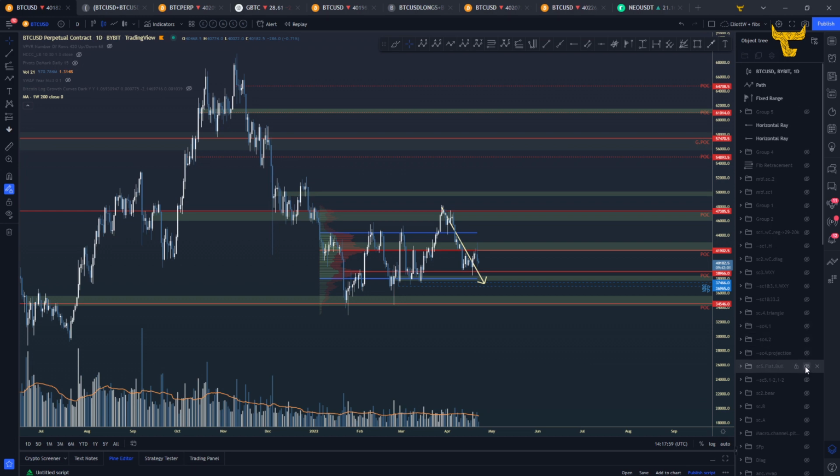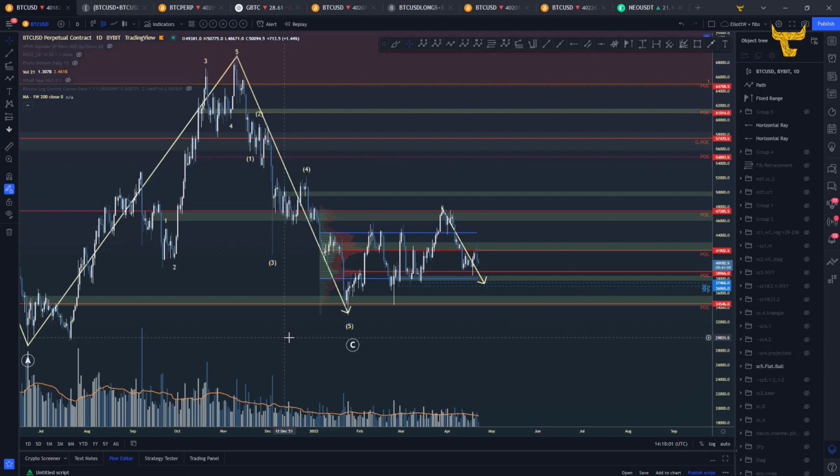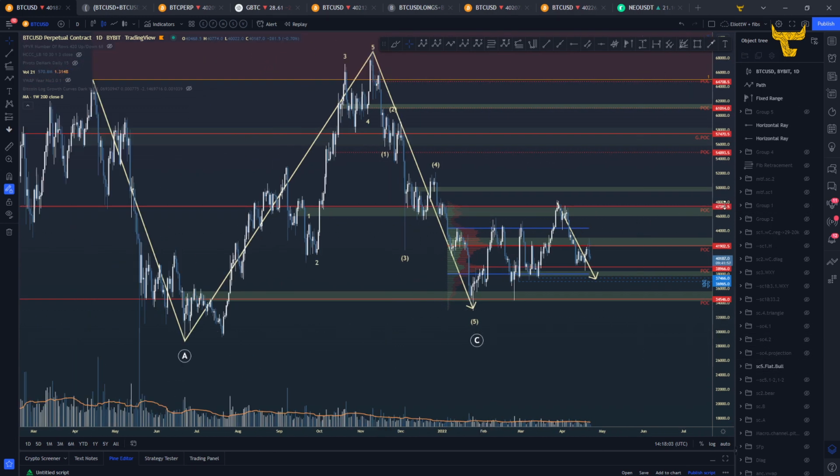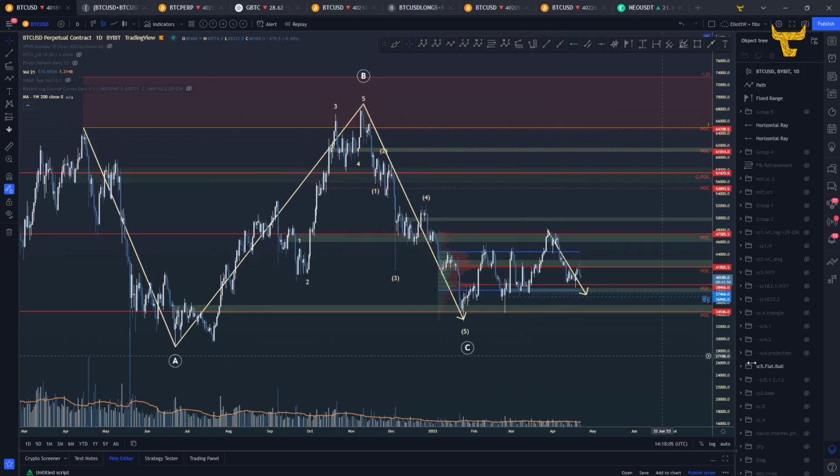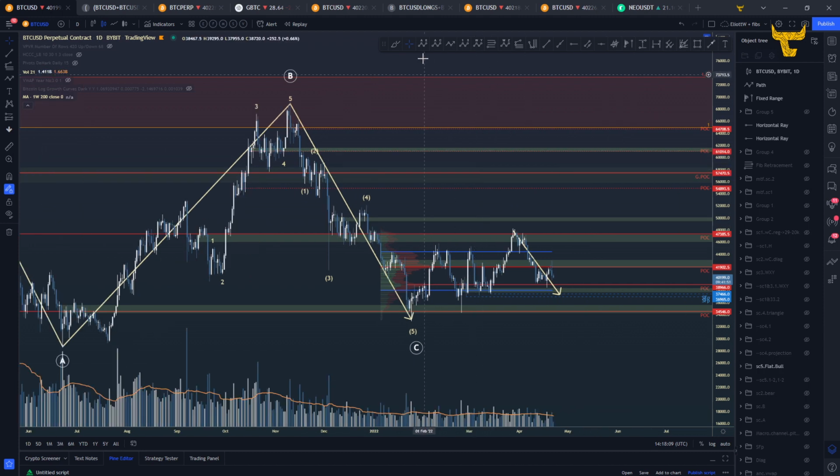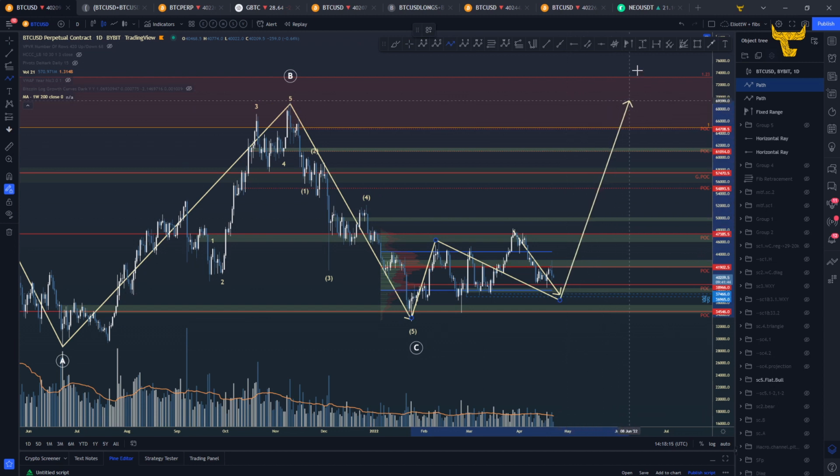I mean, let me rephrase this. If we have our flat finished and we are looking at the new impulse as wave 1 and wave 2 here, then this would mean that we have a wave 3 starting of the big wave 5.